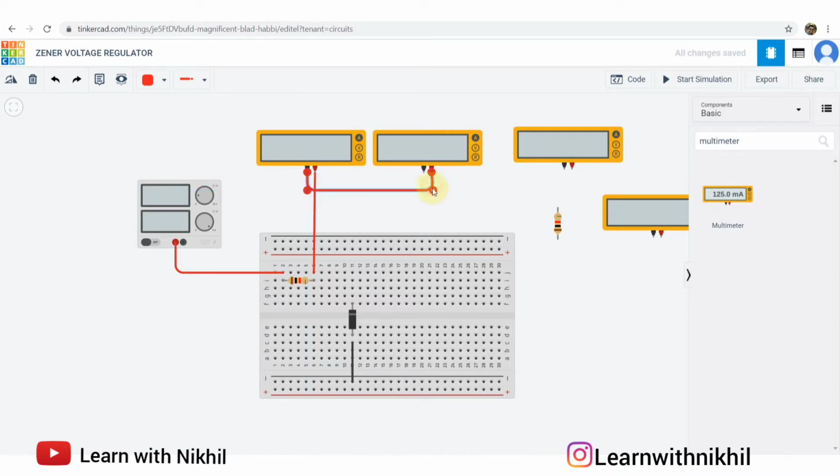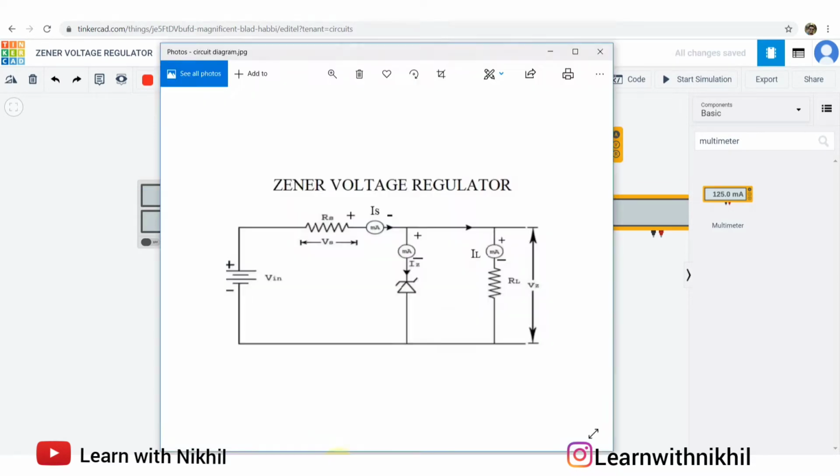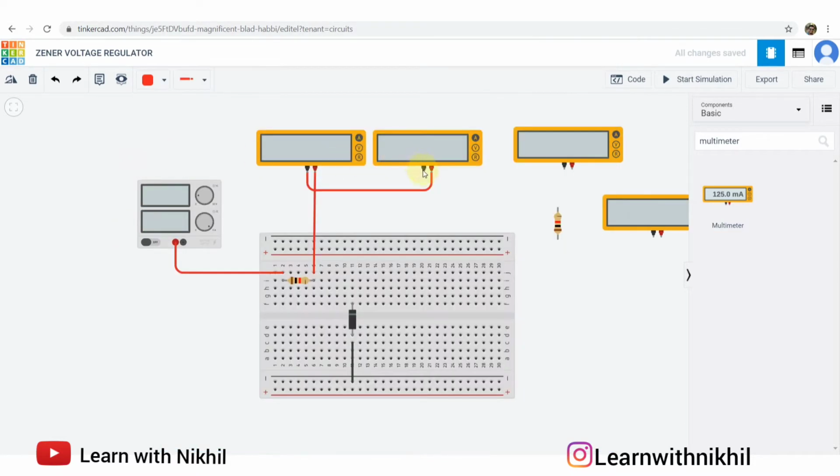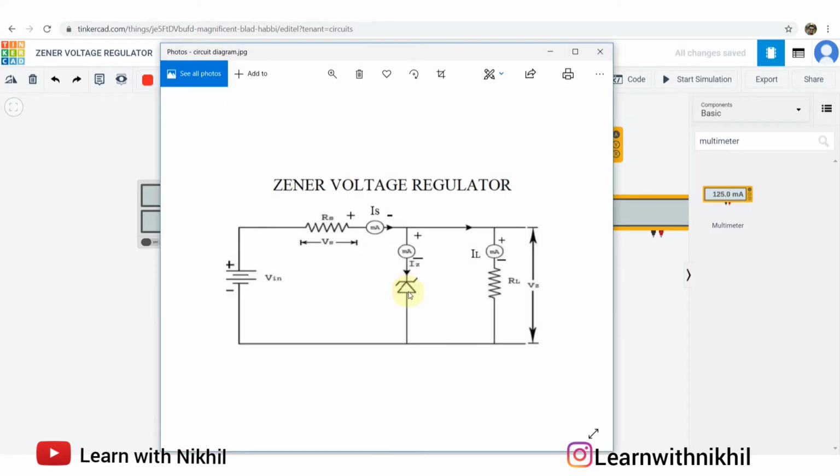This is IZ. And then negative of this milliammeter is attached to the negative of Zener diode. So negative of this is attached to the negative terminal of Zener diode. This terminal we have already grounded.